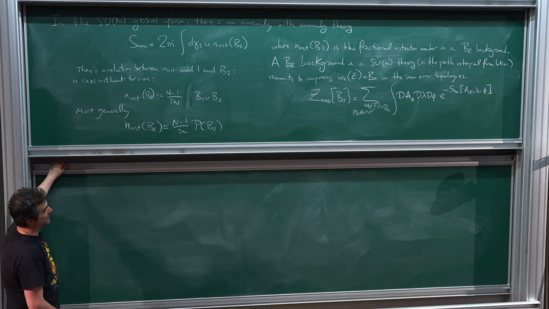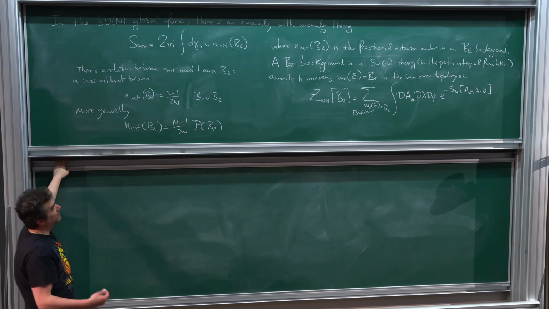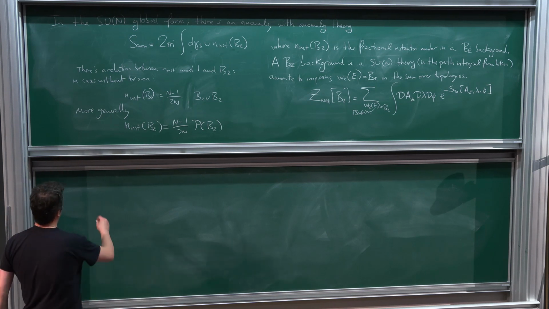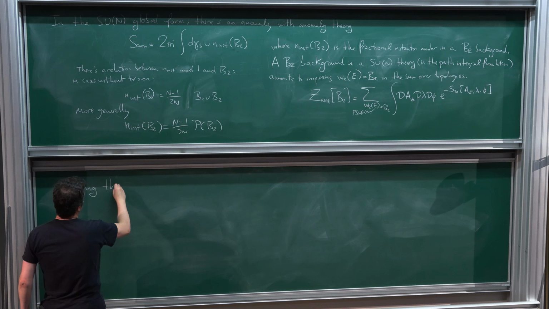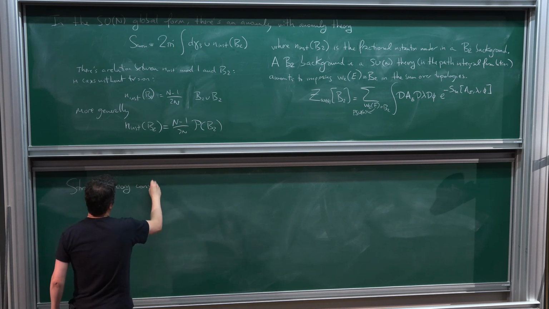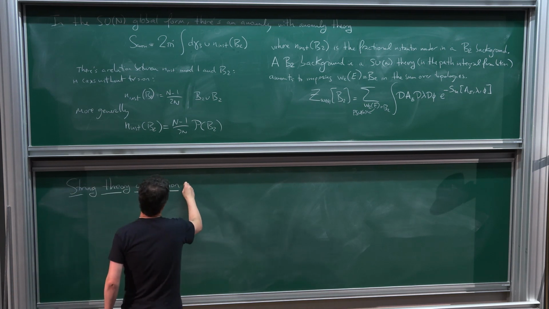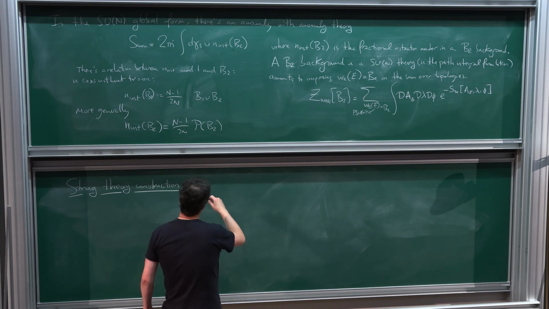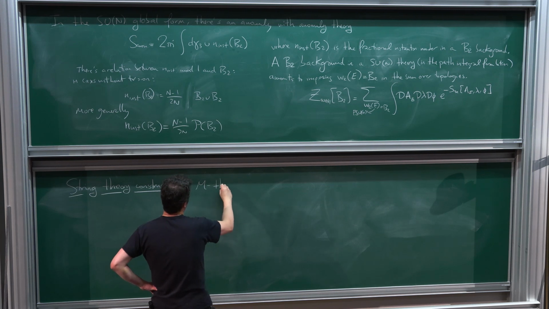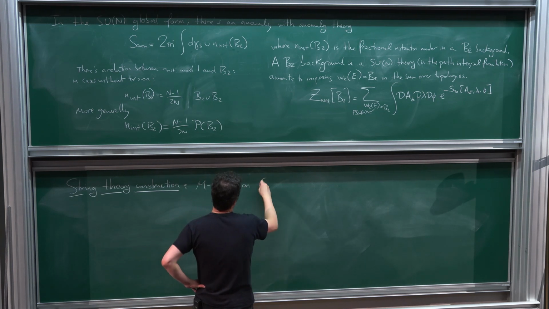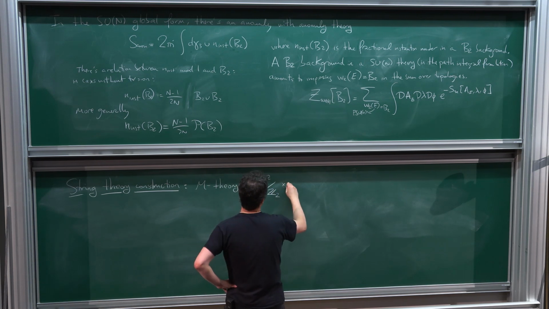And the next thing I have to tell you is what the string theory construction is, and what the rules are for understanding those things. So let me start with the string theory construction. I'm going to use M theory on a space of this form, C^2/Z_N times M7.